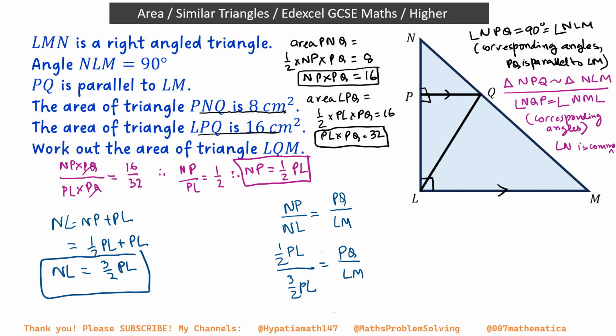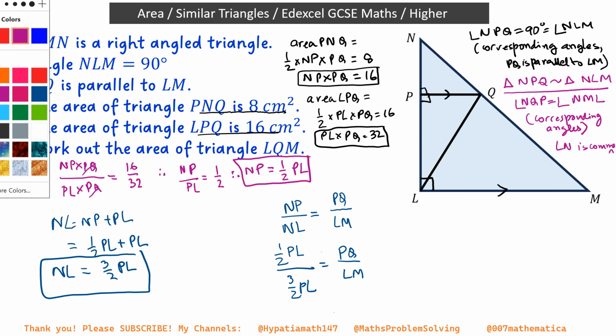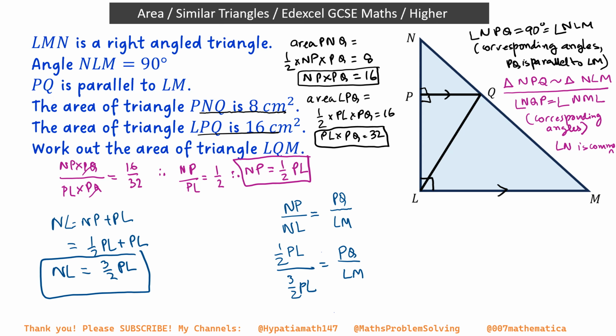If I cancel out the PL, I get PQ out of LM would be half divided by 3 out of 2, so half times 2 out of 3, that is equal to 1 out of 3. So we keep this, this is another proof.